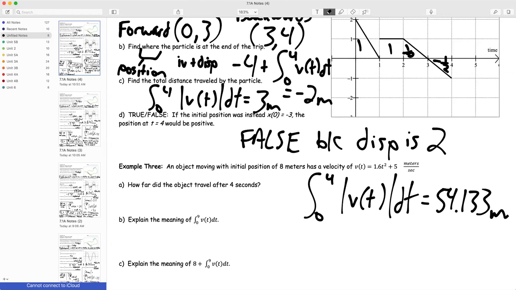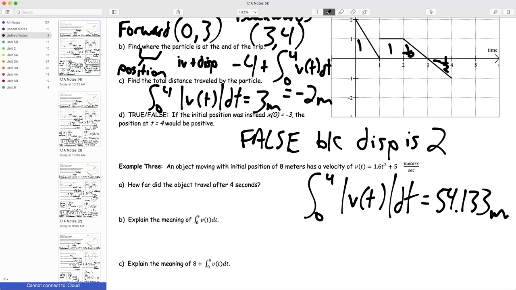This time without the absolute value. The integral from 0 to 4 of v of t dt, but not the absolute value. And what do we get? So I definitely accidentally just did the not absolute.